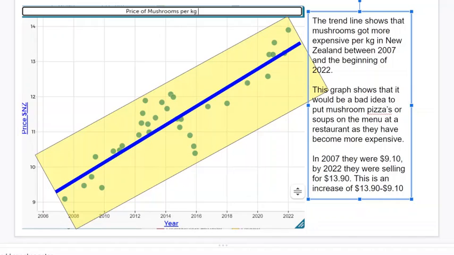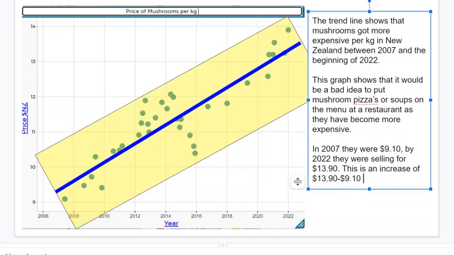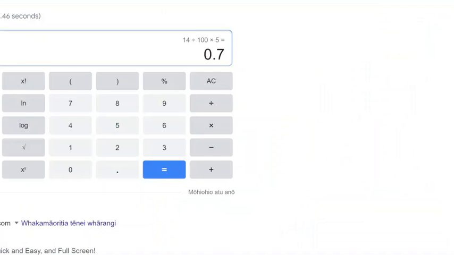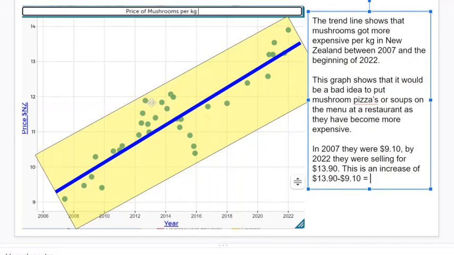Okay, we can go use a calculator. $13.90 minus $9.10 equals $4.80. Now remember that's 4.8, but we put the 0 on the end because it's money, and we could talk about 80 cents, not 8 tenths of a cent. There's an increase of $4.80.